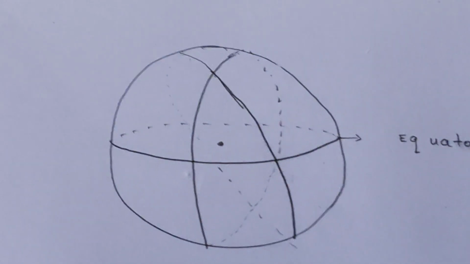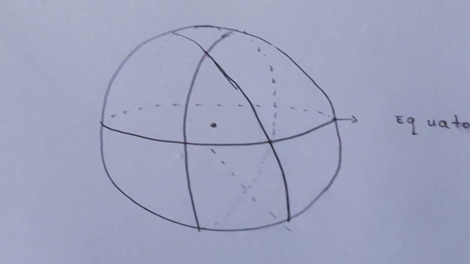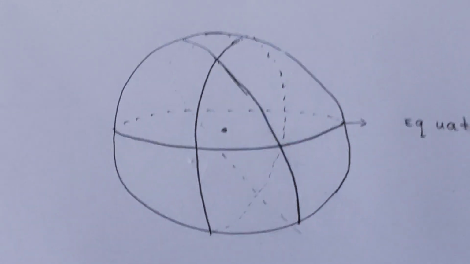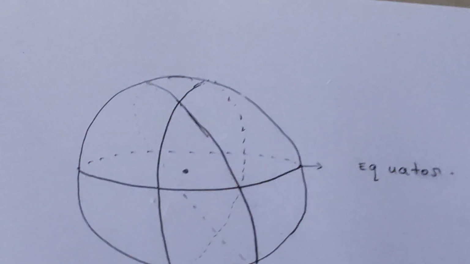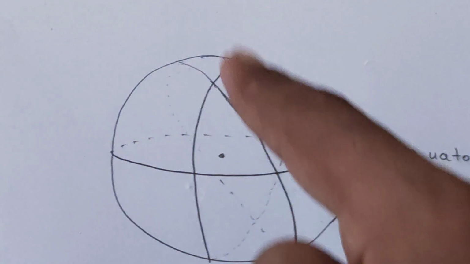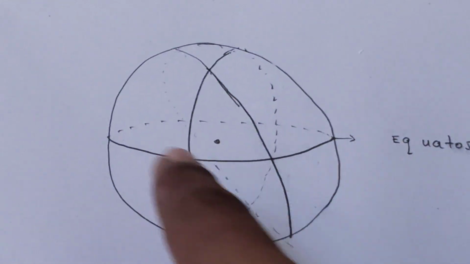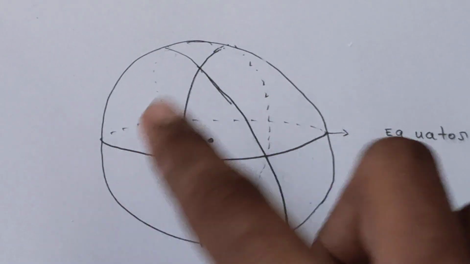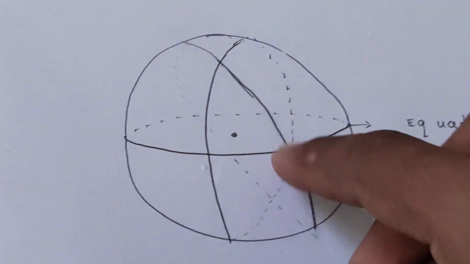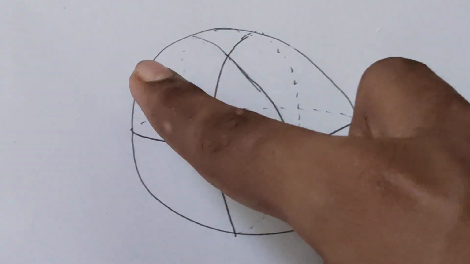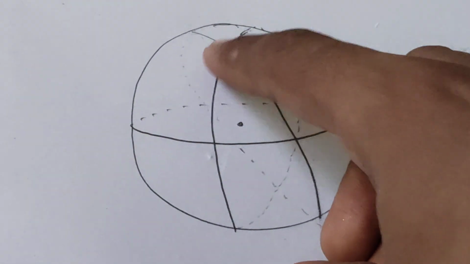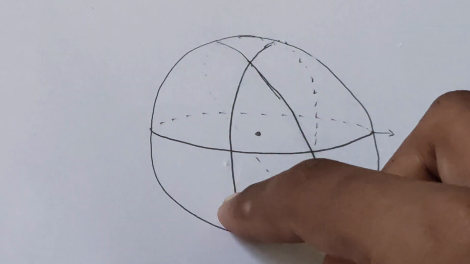This great circle divides the earth into two equal parts, this one and this one. And the equator, as you all know, divides it into northern hemisphere and southern hemisphere.